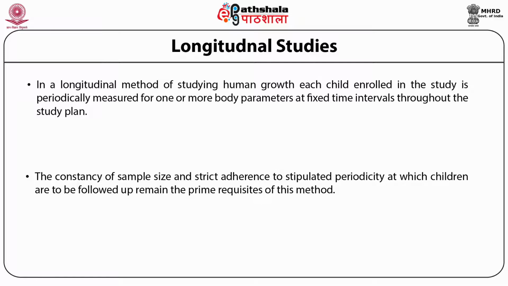A growth study may be longitudinal for any number of years. It may extend postnatally from birth to even 20 plus years. However, in actual practice, because of a variety of reasons, it may not be possible to measure the same group of children over a prolonged duration of time.